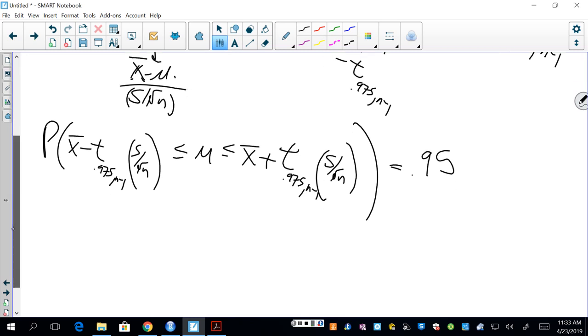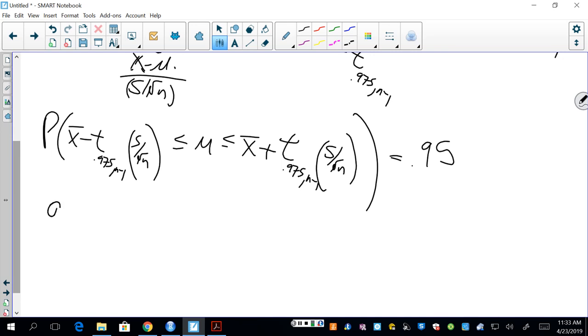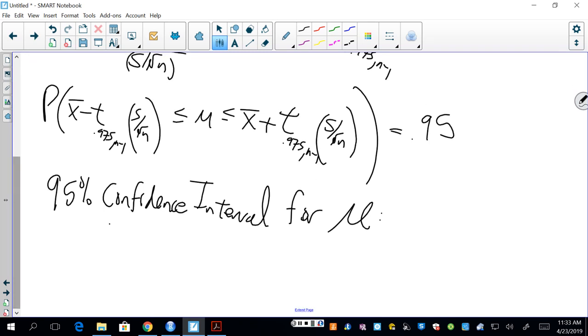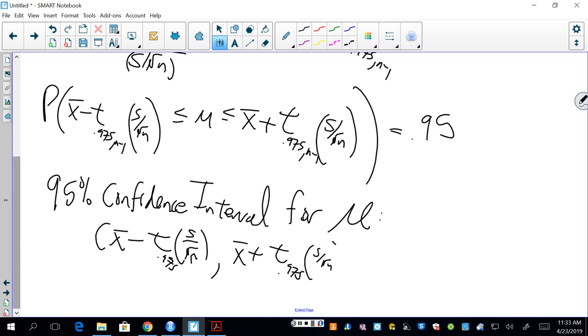And so this lower point, so a 95% confidence interval for mu is this interval: x bar minus the t value, and I'm not going to write all the subscripts, maybe I'll just write 0.975 there, and then x bar plus the t 0.975 times s over square root of n. It's called a 95% confidence interval for mu.